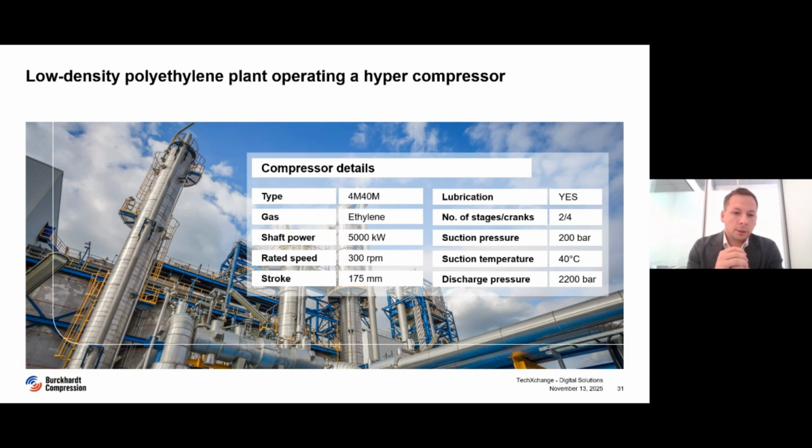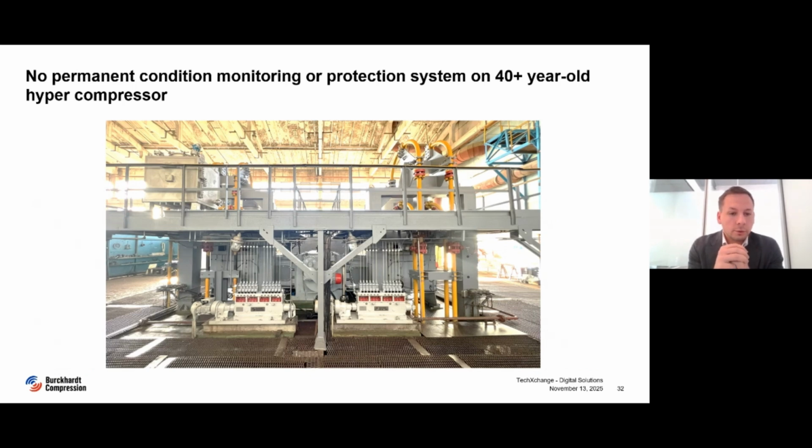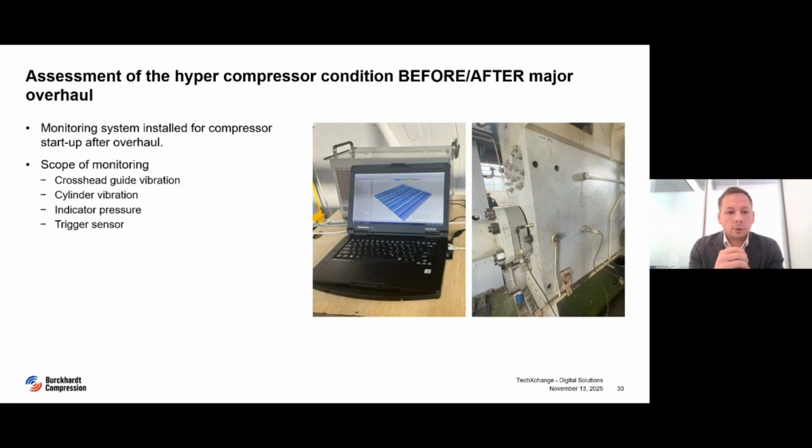This particular machine was 40 years old and had no dedicated monitoring system installed on it. The task was a large overhaul of this machine, when the compressor was effectively refurbished and rebuilt on a regrouted foundation.